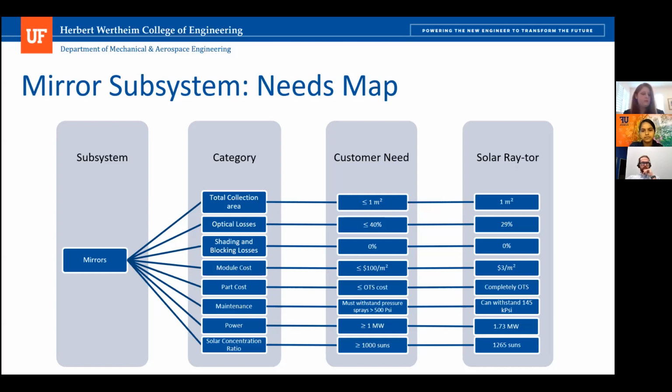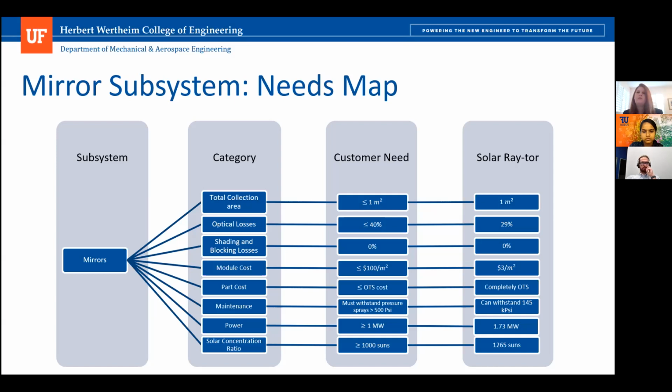Individual parts must be equal in price or less expensive than the closest available OTS part. Each mirror in the module is purchased off the shelf. The reflecting surface must also be washable, able to withstand high pressure cleaning sprays above 500 psi. Each mirror has a compressive strength of 145 kpsi.